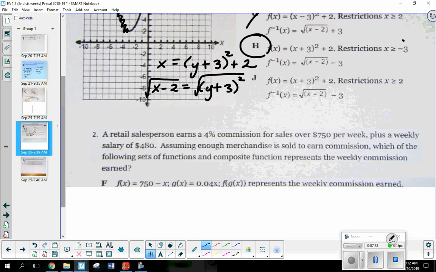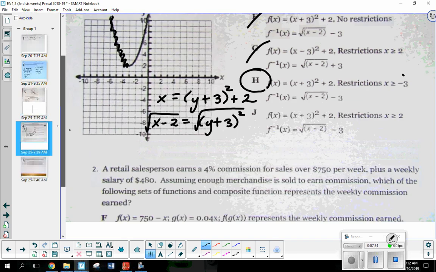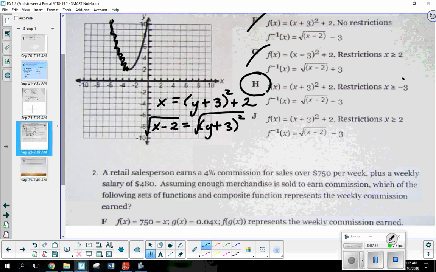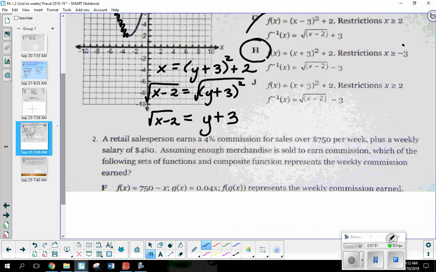We don't want to do that here. Remember, we had to restrict the original graph to make this inverse a function. So basically, I started with half a parabola, so I need to finish with that half a parabola. So I'm going to say the square root of x minus 2 is equal to y plus 3. And then what's my final step? Square root of x minus 2 minus 3 is equal to y.